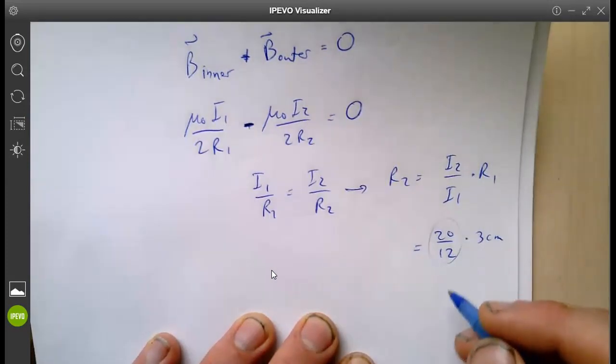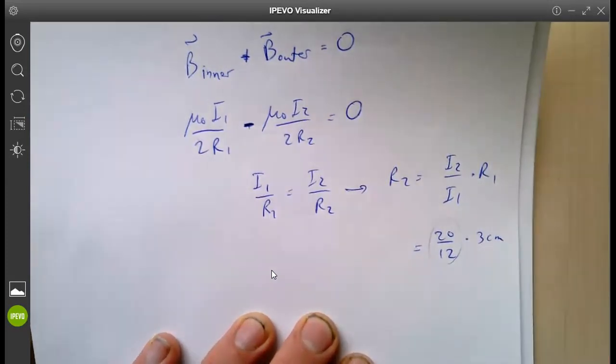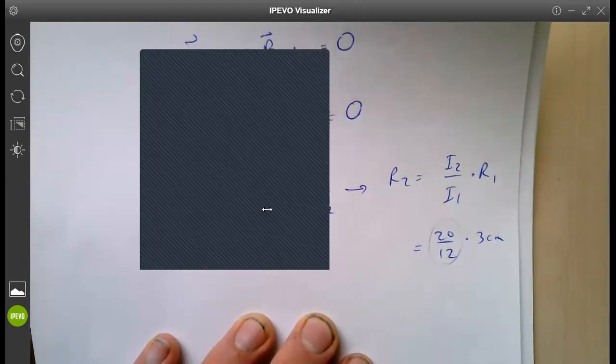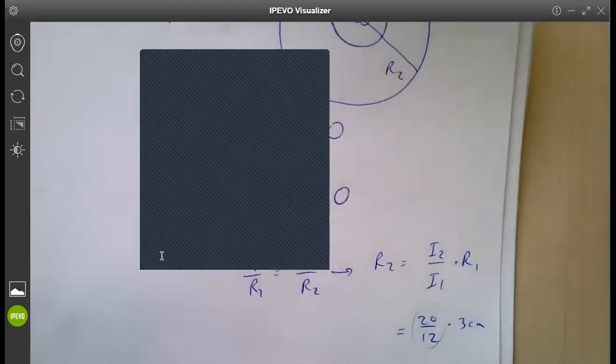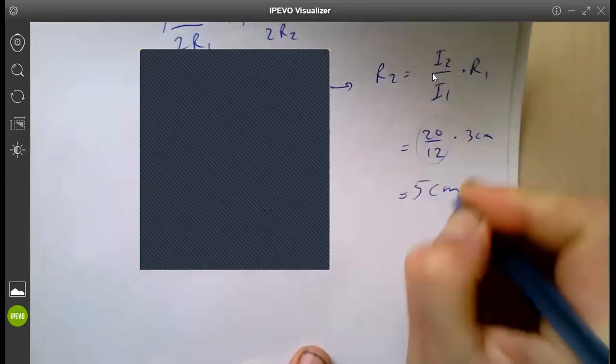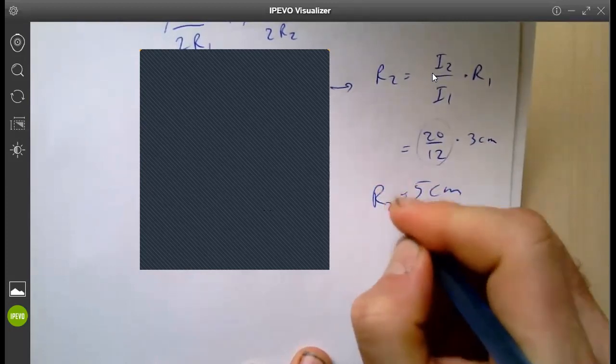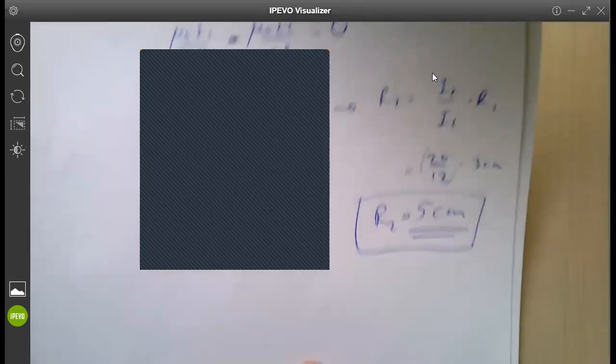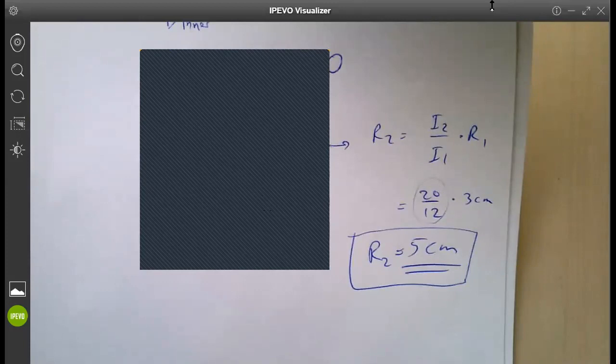So 20 divided by 12 is 1.67, and then multiplied by 3 is 5. So finally I can see that the outer loop is going to have a radius of 5 centimeters.